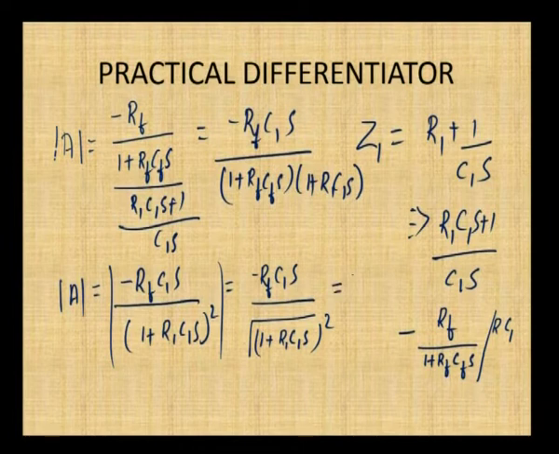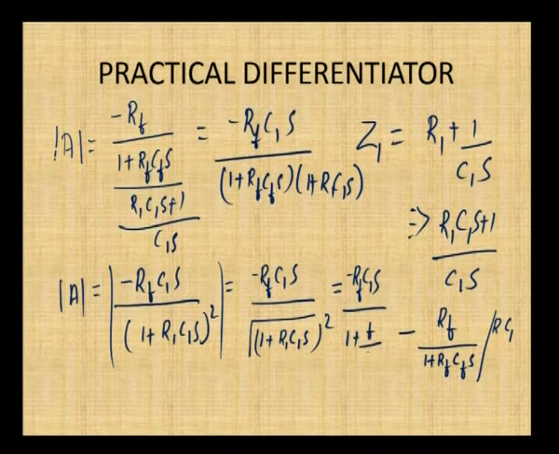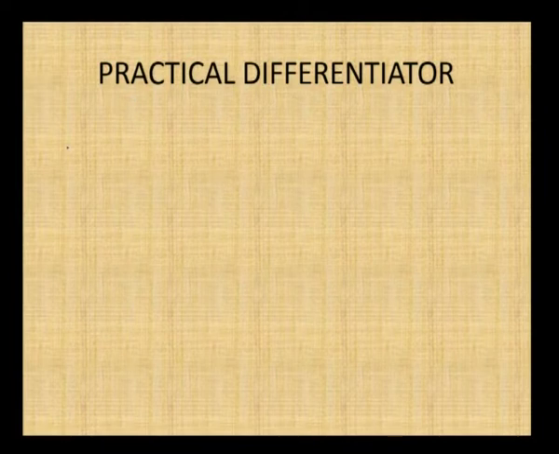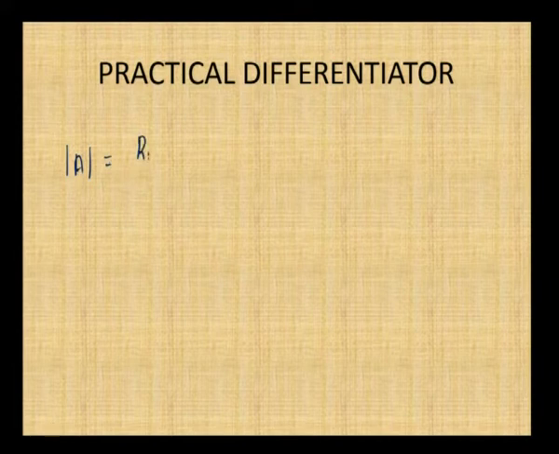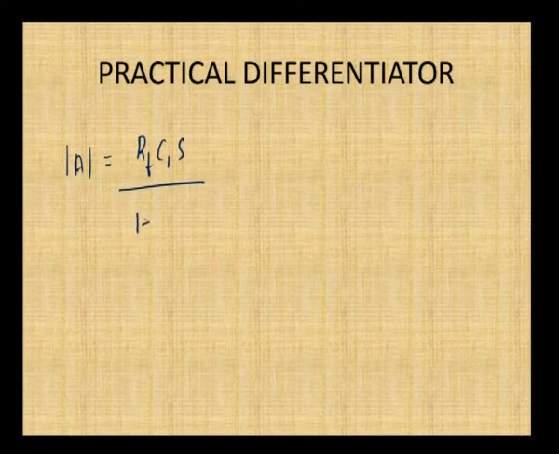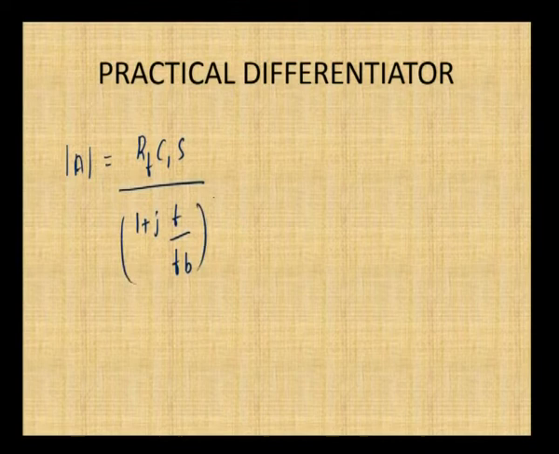So, this can be rewritten as 1 plus jF by FB. So, the gain of the differentiator for the practical circuit is given as RF C1s divided by 1 plus jF by FB the whole square.